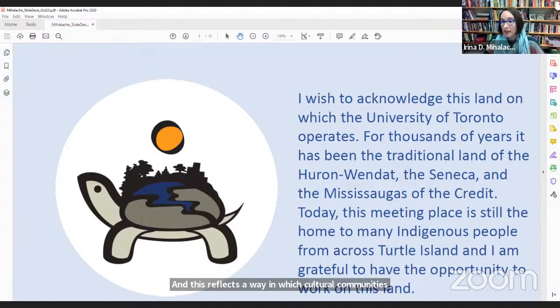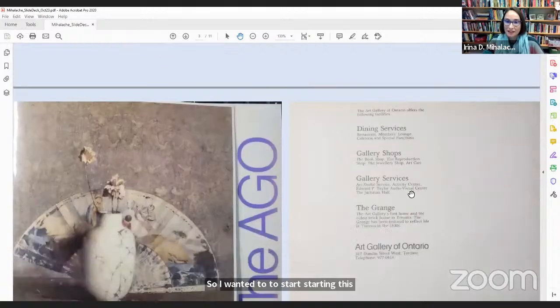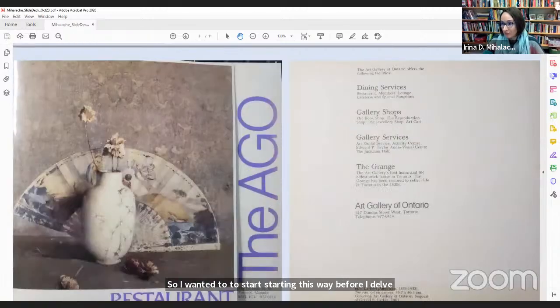I believe it's important, whenever we research cooking, feeding, eating, and growing food as a system of practices, especially when they are institutionalized, and in my case I'm looking at restaurants in museums, that we interrogate their complicity in these broader settler colonial systems. So I wanted to start in this way before I delve into my topic.